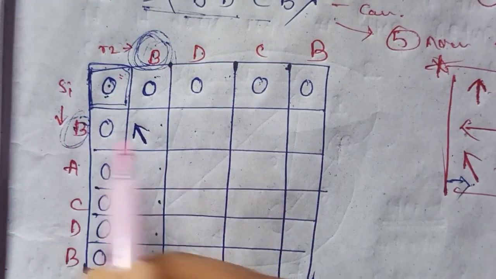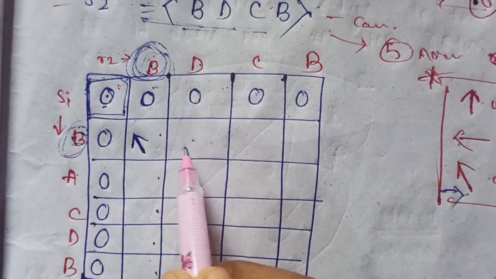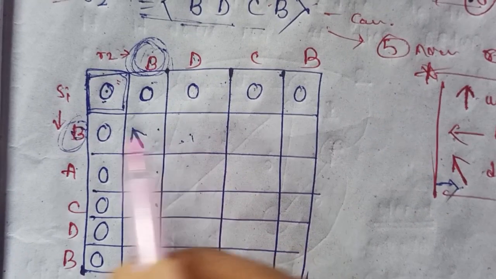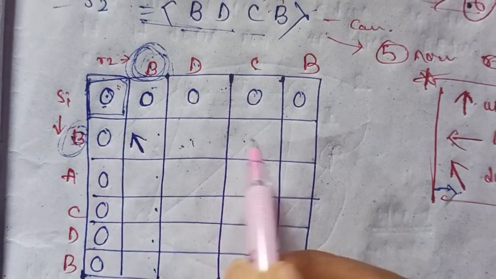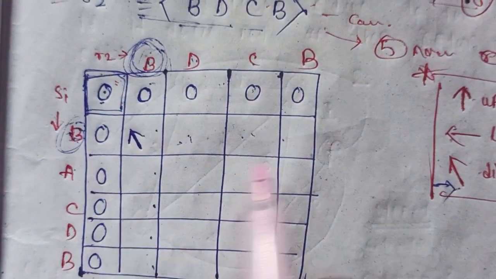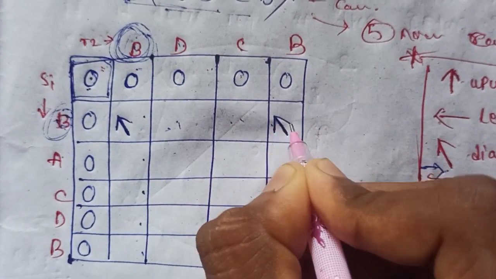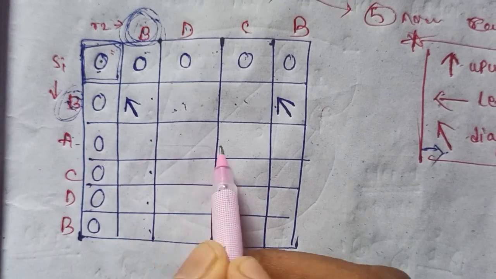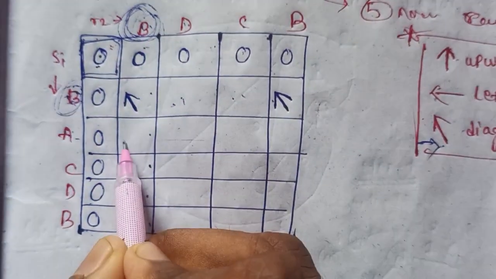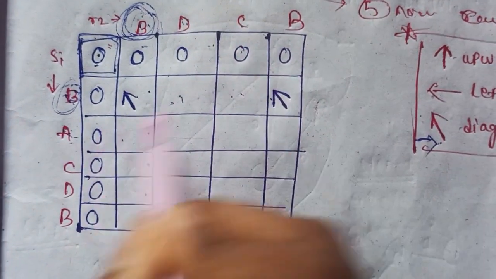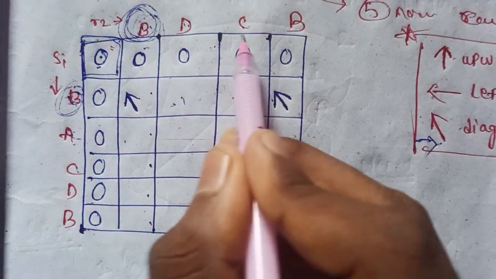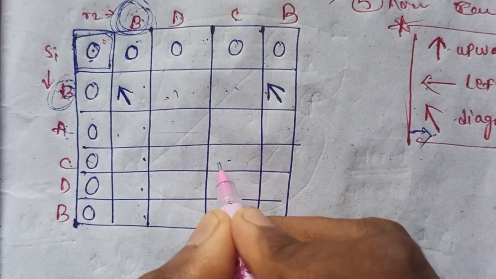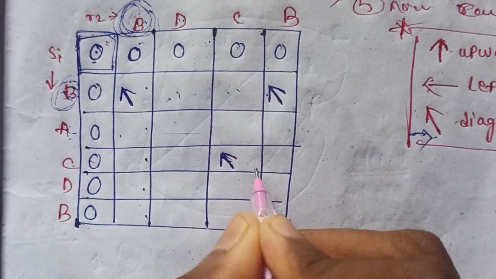Then come to the next cell. Here B, D, do not put anything. Here B, C, do not put anything. Here B, B, then again put the diagonal arrow. Clear? Then the next row: A with B, D, C, B, not the same. Here C and C, simply put the diagonal arrow.